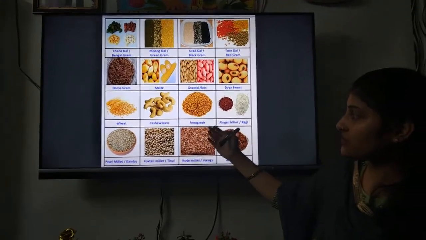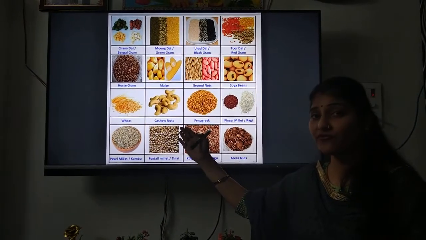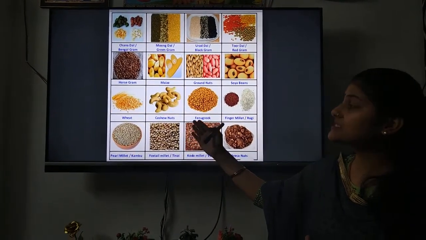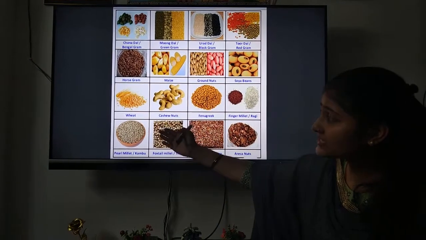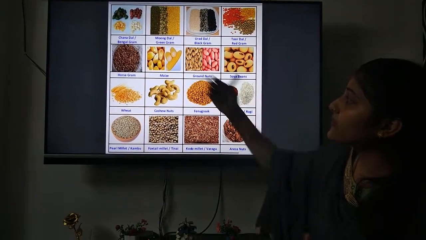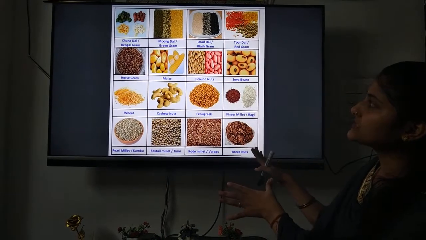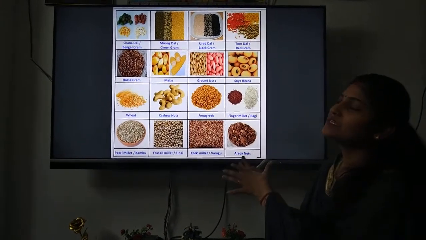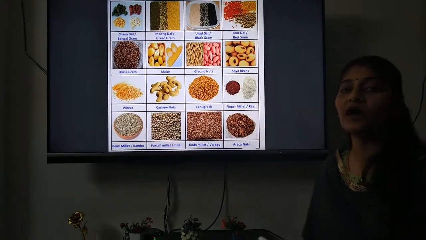Cashew nuts, this is a dry fruit, but it is a seed. We have wheat, the very common ingredient of our food, and maize also. All these pictures you can see here are seeds which we include in our daily life.